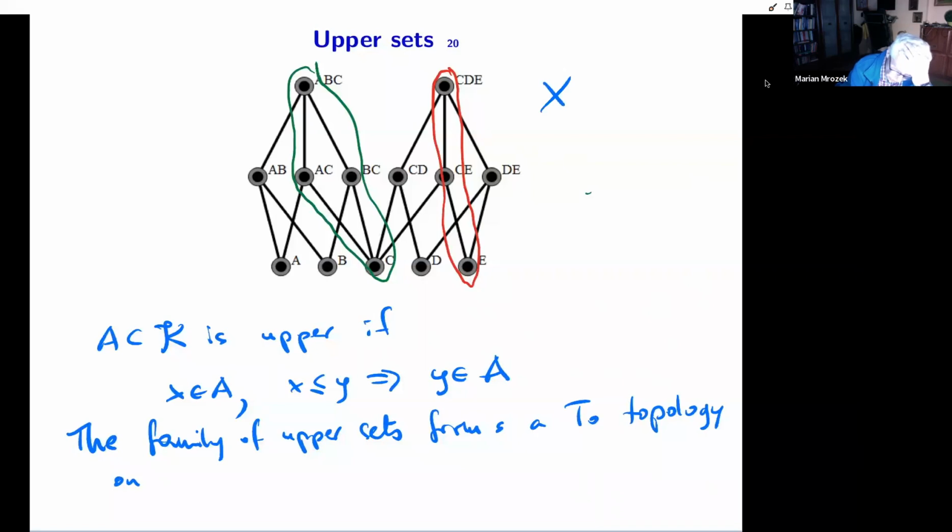So this applies to any finite poset, but we think in terms of our simplicial complex, because the labels come from the simplicial complex, so on K. It's called Alexandrov topology.